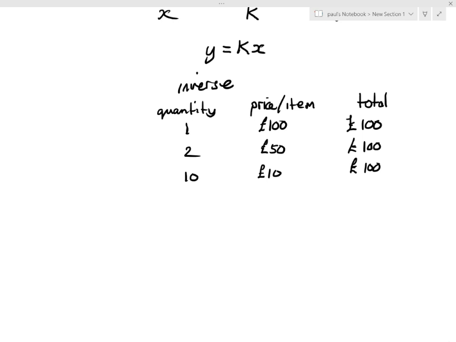So you can see, as the quantity goes up, the price per item has to come down so that the total is always the same. And this makes the total the constant this time, and we'll have X and Y around this way. So we can have a formula for this: X times Y is always equal to the constant.